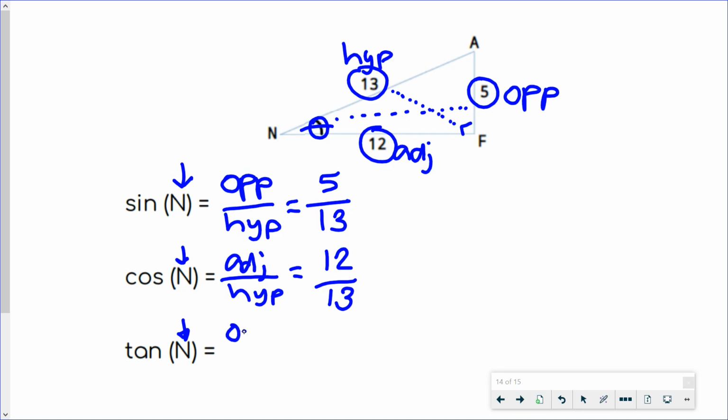Lastly, tangent is opposite over adjacent, which is equal to my opposite value of 5 over my adjacent value of 12. And I can leave it here. These are my answers, those fractions, okay? Because ultimately we're working with decimals and fractions to relate sides and angles. So it's okay to leave it as the fraction.